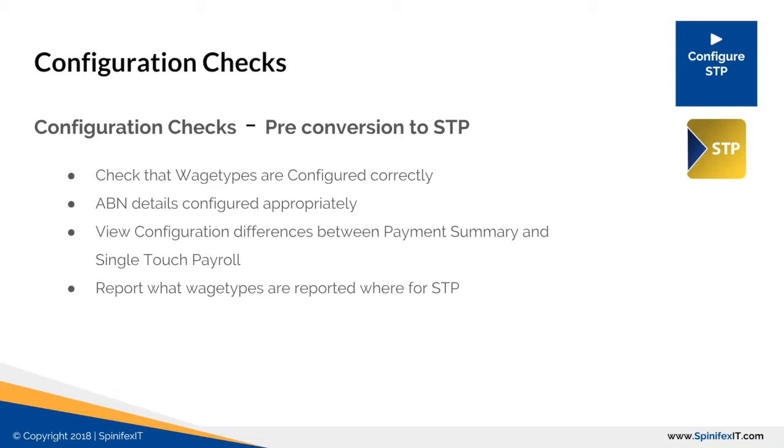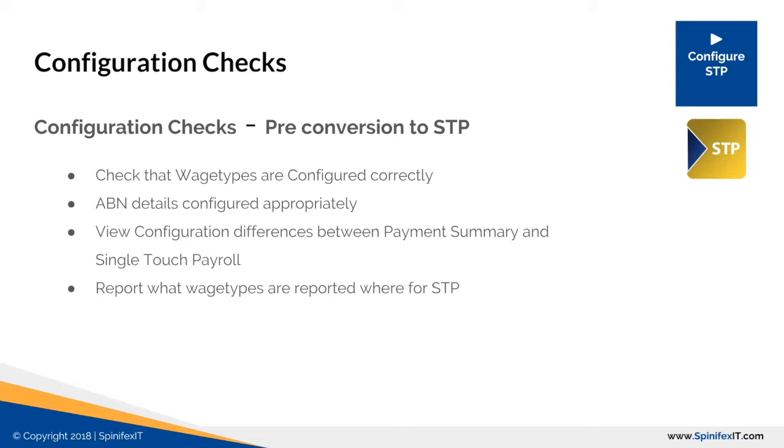So for the configuration checks, we are able to do some wage type configuration and make them easily accessible to the users so they can quickly identify potential errors, and show the ABN table for a user to quickly verify that the details are true, correct and updated.